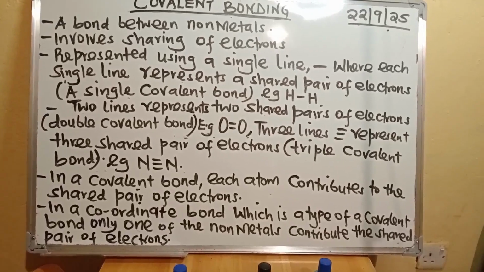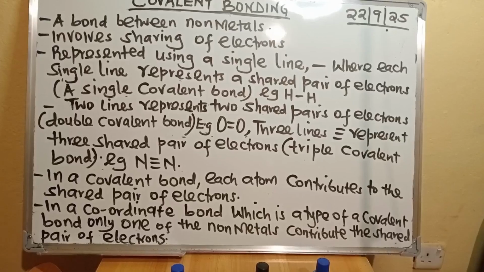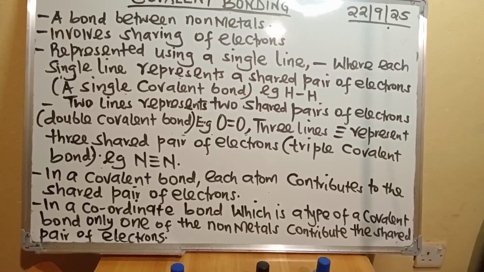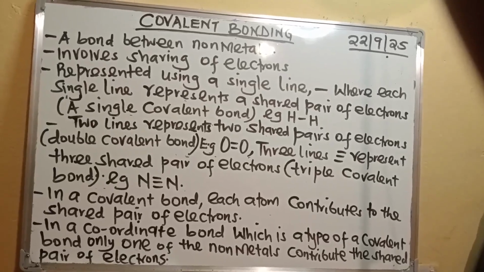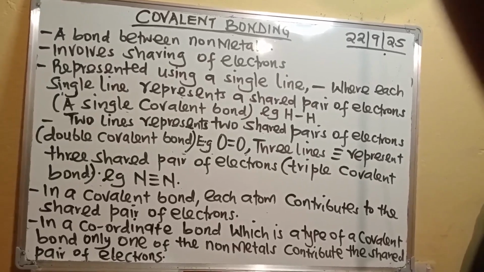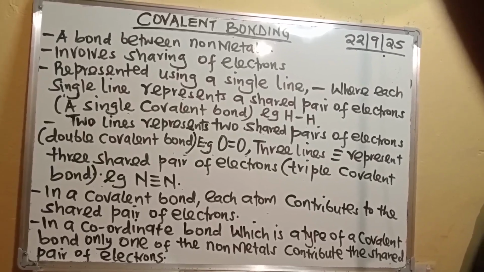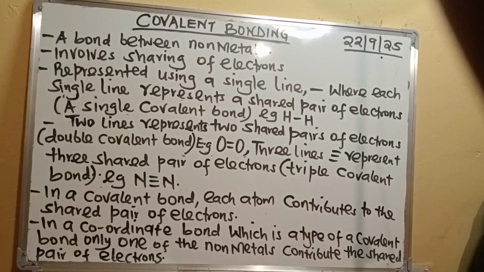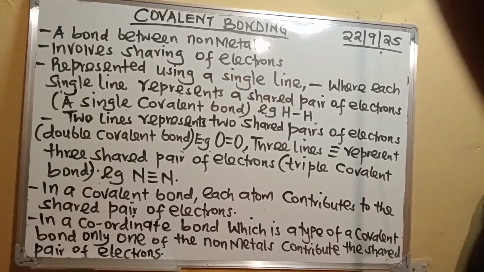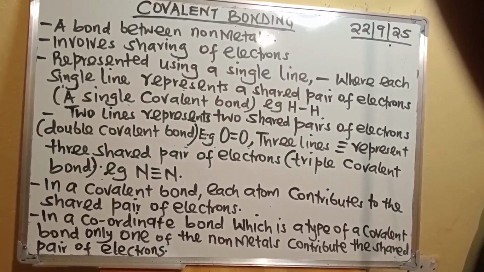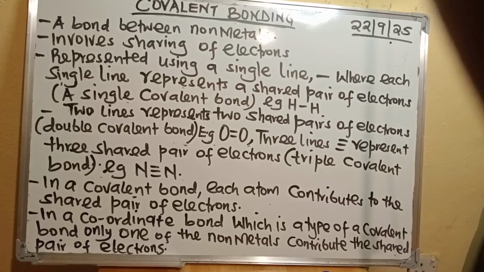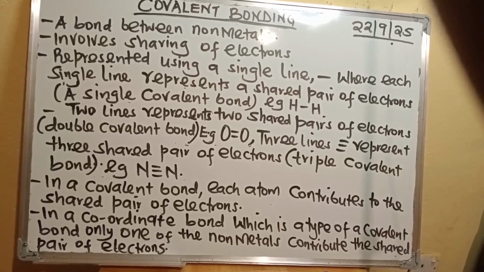In a covalent bond, each atom contributes to the shared pair of electrons. There is a type of covalent bond known as the coordinate bond, or the dative bond, or the dative covalent bond, which is a type of covalent bond where only one of the nonmetals contributes to the shared pair of electrons.